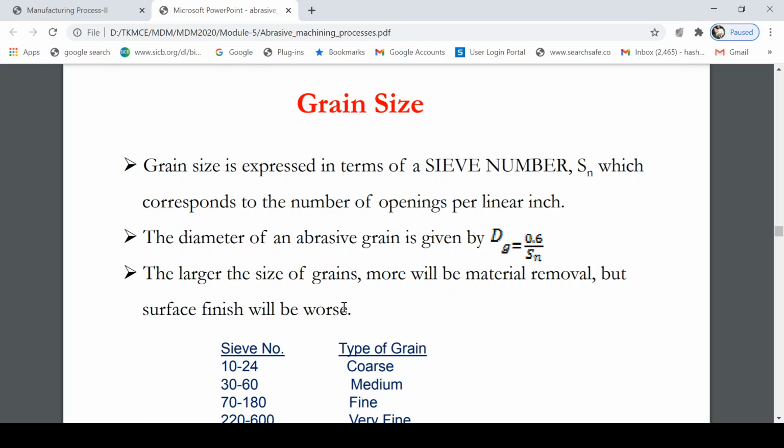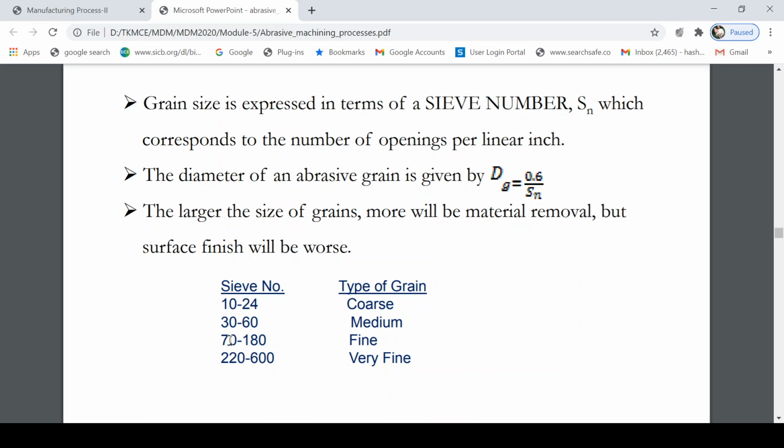So if the grain size is more, it means it is coarse, and if the grain size is small, it means it is fine. This is normally represented by the sieve number. If the sieve number is low, for example 10 to 24, the grain size is coarse. That means the grain size of the abrasive particles in the grinding wheel is larger.